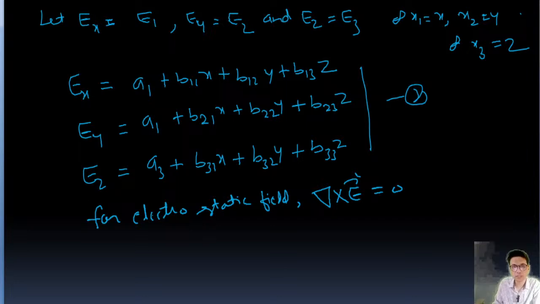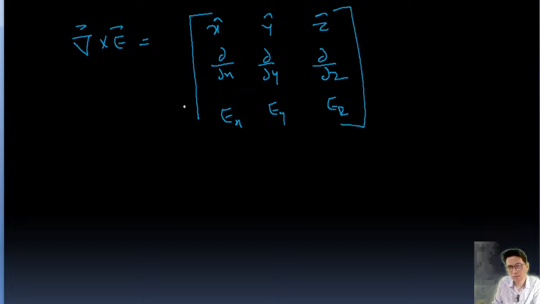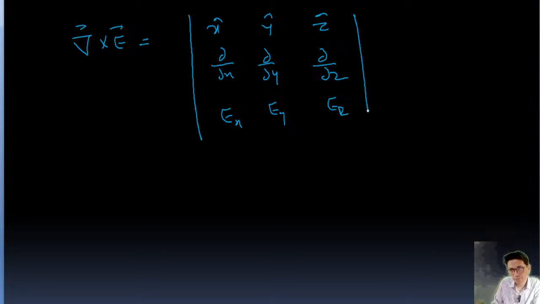Del cross E is the determinant with x cap, y cap and z cap in the first row, del upon del x, del upon del y, del upon del z in the second row, and Ex, Ey, Ez in the third, and this equals 0. Now we can solve it one by one.